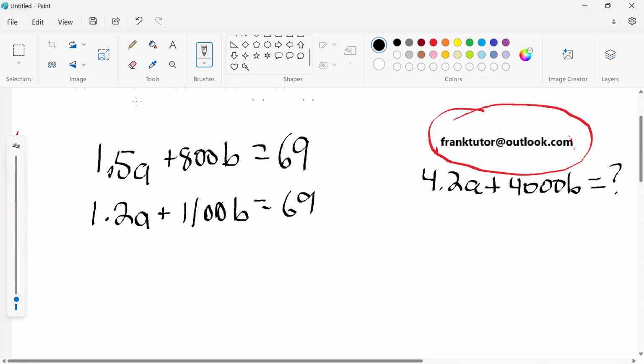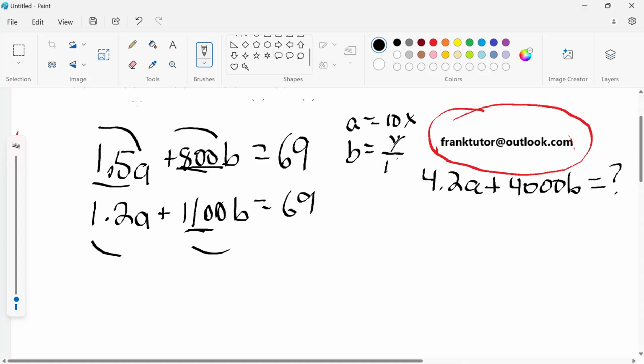Well, look how far apart these numbers are. 1.5 and 800, 1.2 and 1,100. Since A and B are constants, I can kind of reset those numbers to make the numbers easier to work with. And let's see, I'd like to multiply this by 10, so I'm going to say A equals 10x. And I'd like to divide these by 100, so that will turn that to 8 and 11. So B equals y divided by 100.